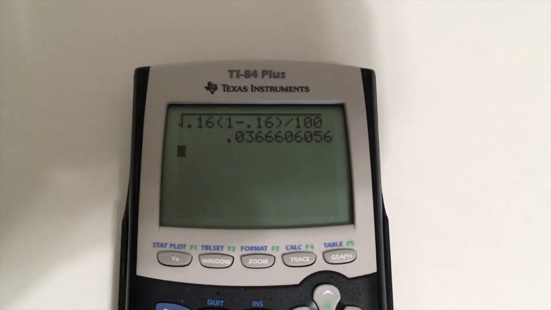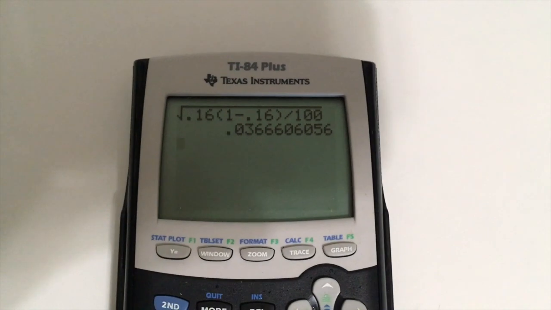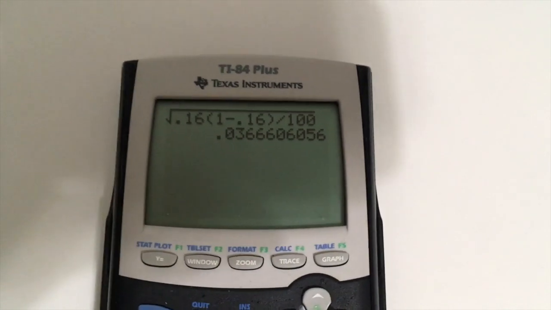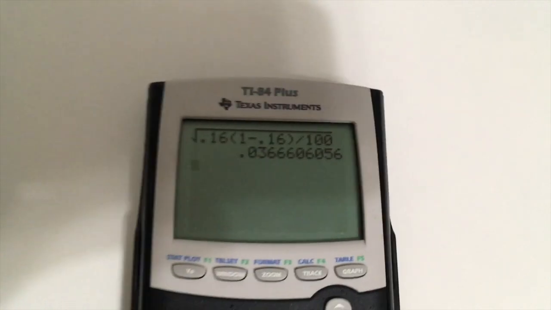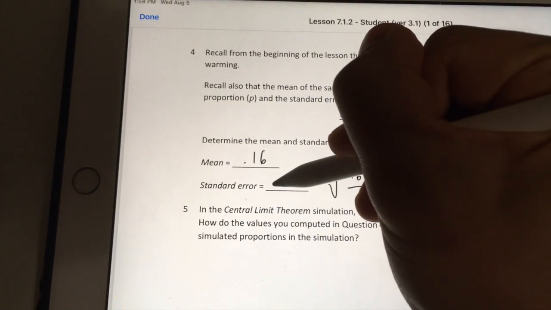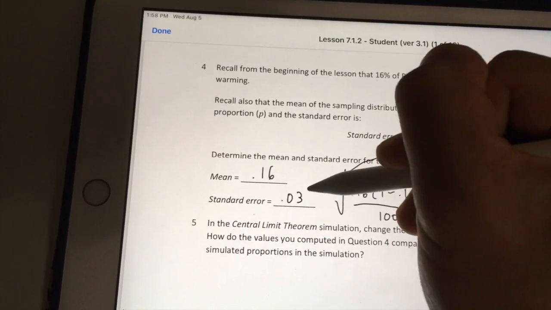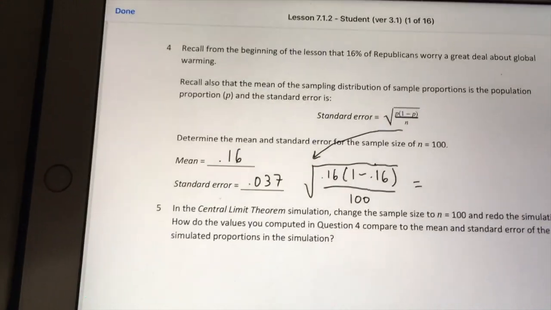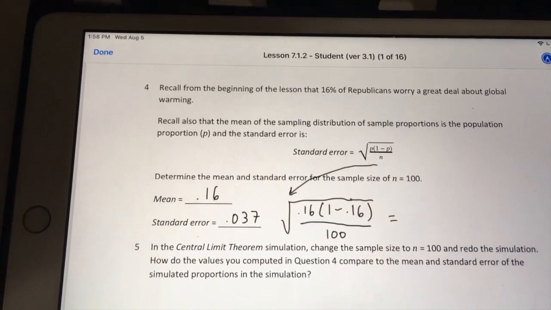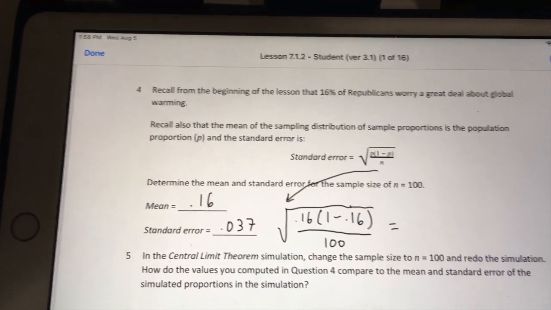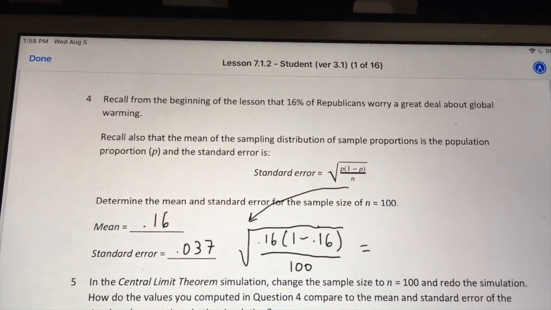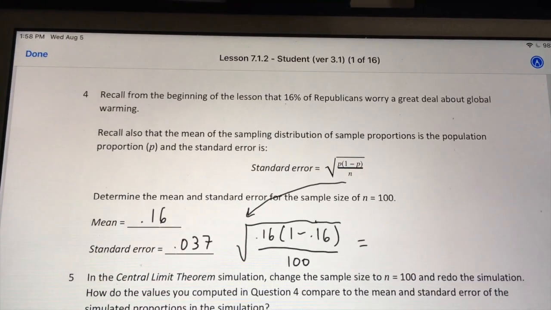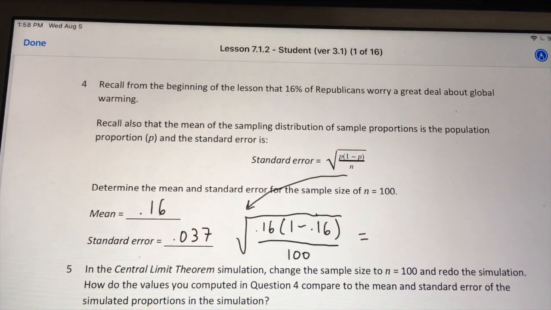I rounded up because the next digit after it is a 6, so the 6 rounds to a 7. So I'm going to put 0.037 right here. These are our two values we got for the mean and for the standard error. Remember, the mean is always the same as P, but the standard error changes according to the sample size.